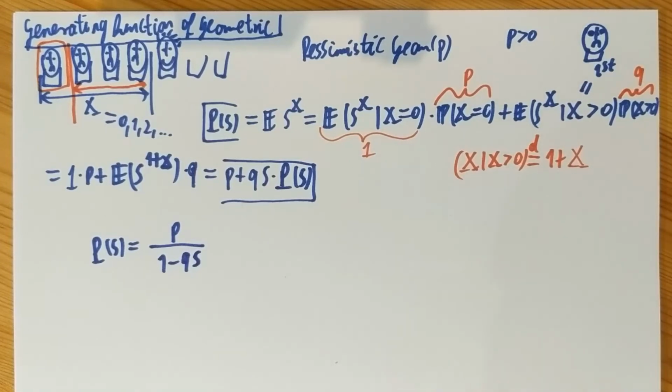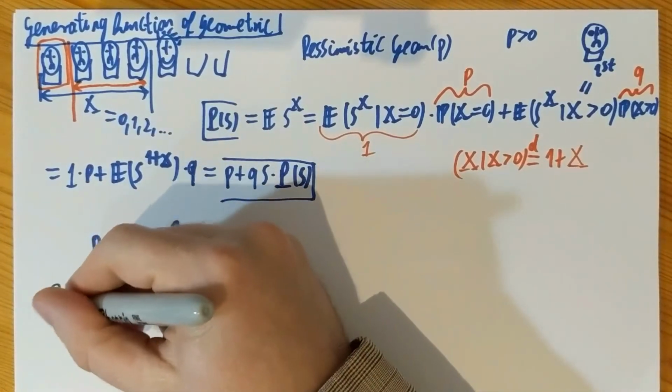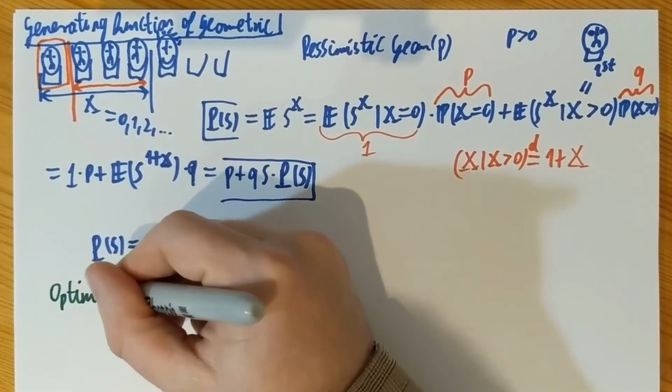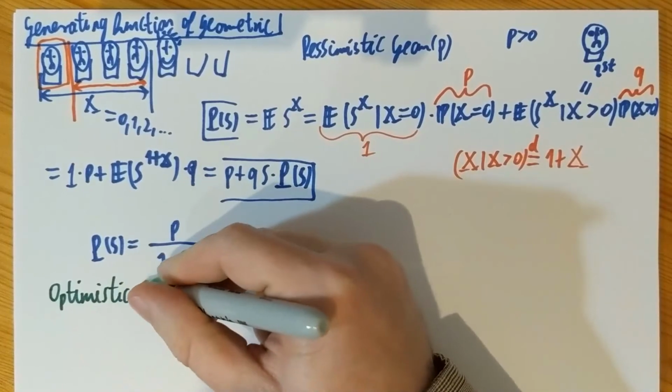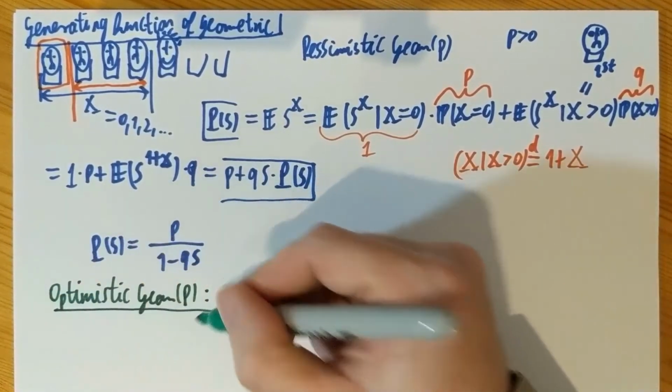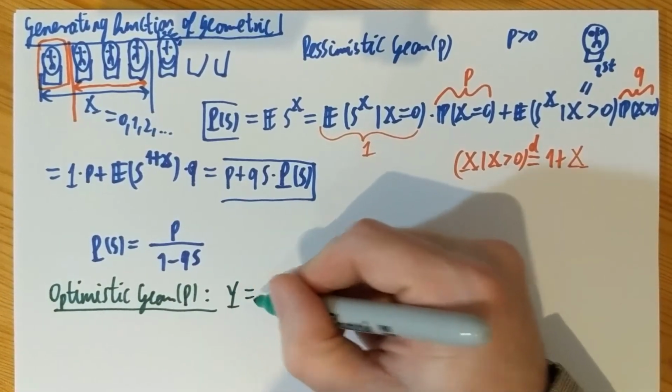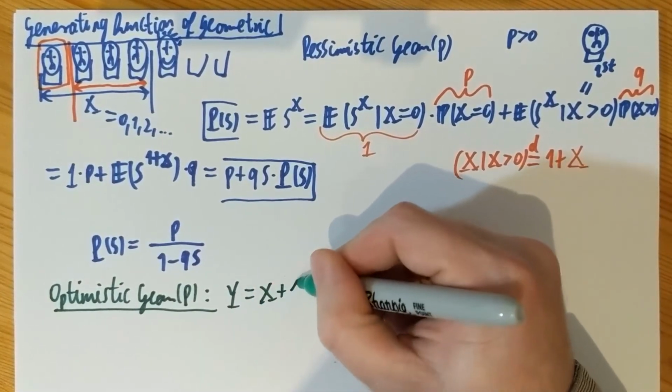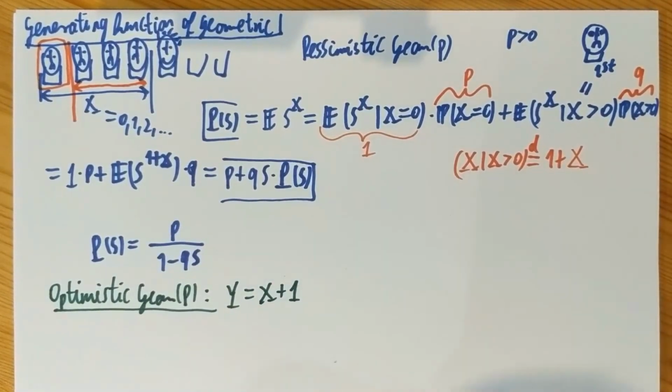Okay, how do I make an optimistic geometric of parameter P out of it? Well, the optimistic geometric, call it Y, is one more than the pessimistic, because it counts the number of trials needed for the first success.